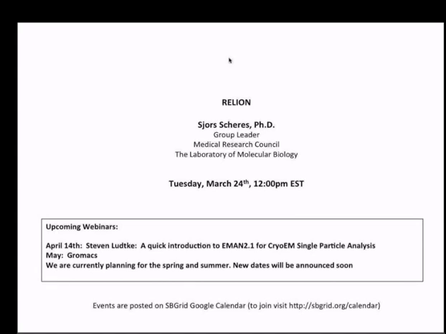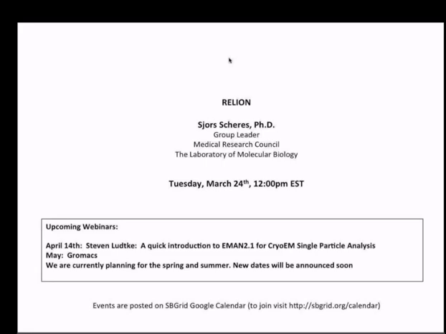This month, we're lucky enough to have Sjors Scheres joining us from the MRC in Oxford. Sjors' lab has sort of led the charge into maximum likelihood classification of cryo-EM data. His lab recently published a paper of a ryanodine receptor in Nature in January, at about 3.8 angstroms, I think.